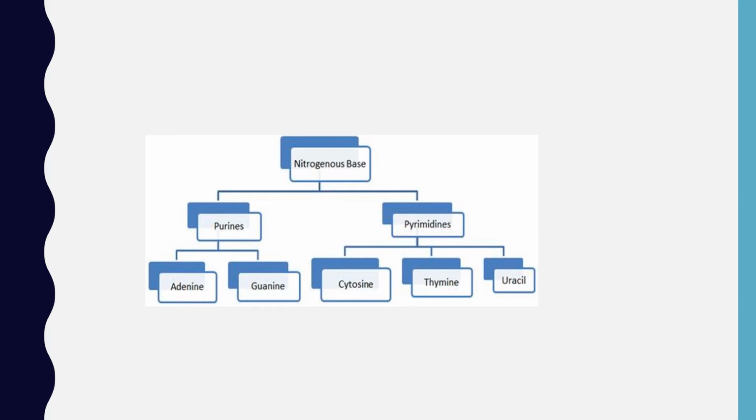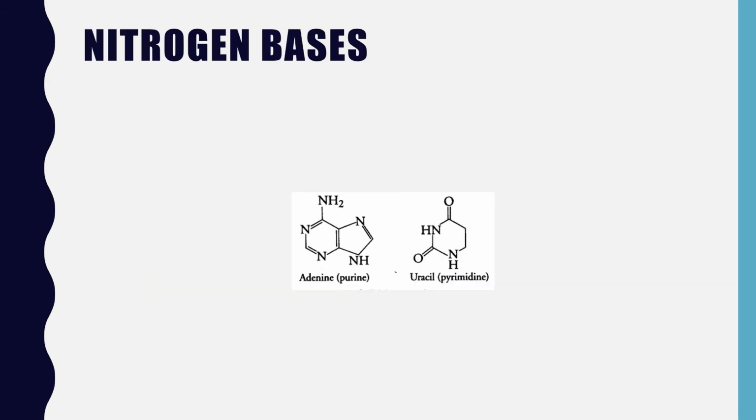Further purines are of two types, and pyrimidine is of three. Now here you can see the structure: purine has two rings, and pyrimidine has one ring. So you can find the difference over here.